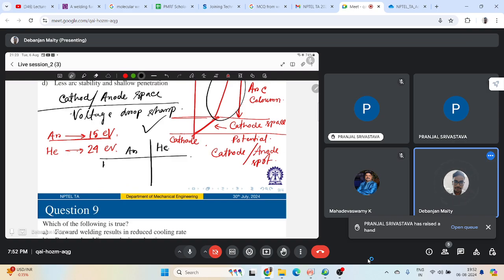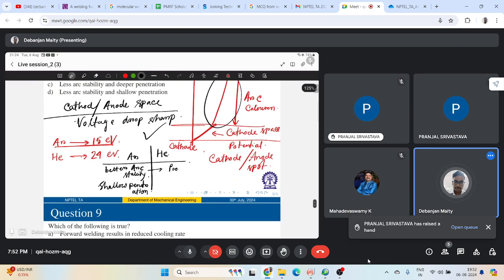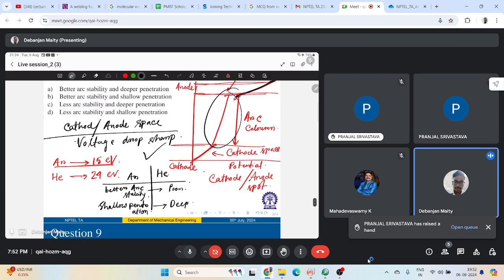So, it will have greater arc stability. It will have shallow penetration. The reverse is true for helium. This is poor, this is deep. Okay.